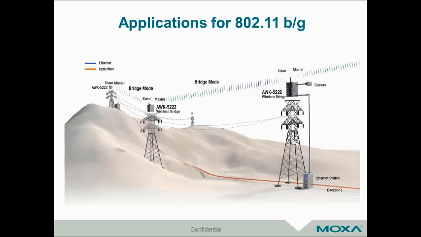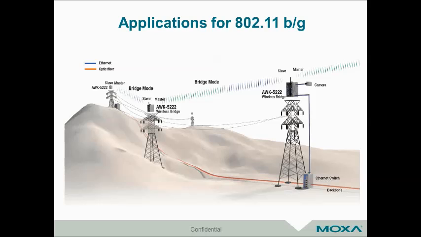One of the popular applications is a wireless backhaul. As I mentioned, there is basically an inverse relationship between distance and frequency. The lower the frequency, the greater the distance you're going to be able to travel. So 2.4 gigahertz is great for wireless backhauls when you need a little more bandwidth than is available with 900 megahertz. In this example, we've got some power distribution lines that also need to communicate back. So we're taking a dual radio product and creating repeaters that are going to be installed on each one of these towers.